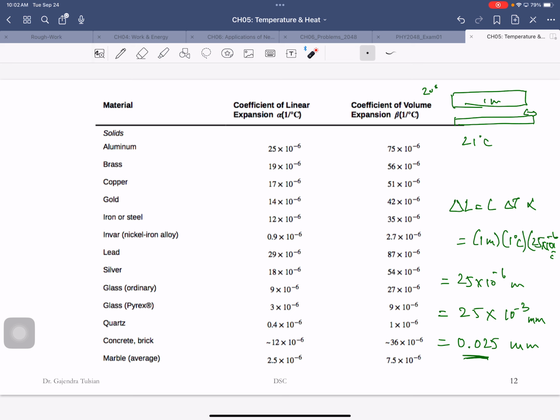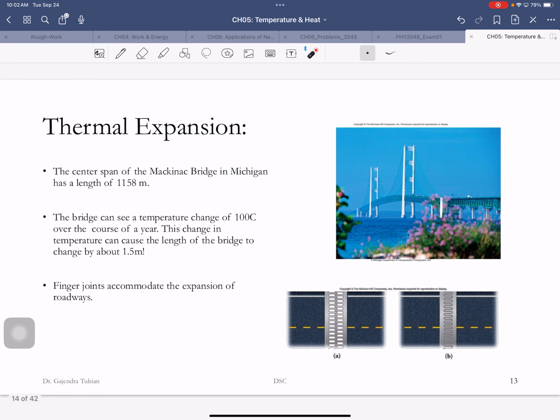So how does it affect our lives? Here's an example, and you've seen this. Here's a bridge in Michigan. It's a kilometer long, 1,158 meters. A kilometer is roughly from here to the Embry-Riddle campus. Between the dead of winter and the peak of the summer, it sees a 100-degree change in temperature, from the coldest to the hottest.